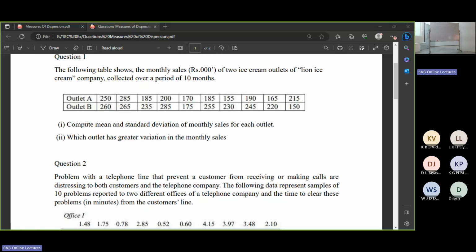How do we find it? Using the CV value, the coefficient of variation. For the first one, outlet A, what is the CV value?